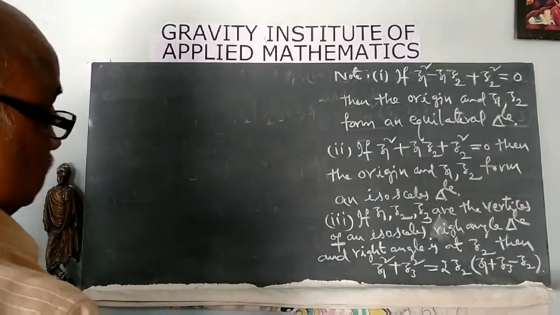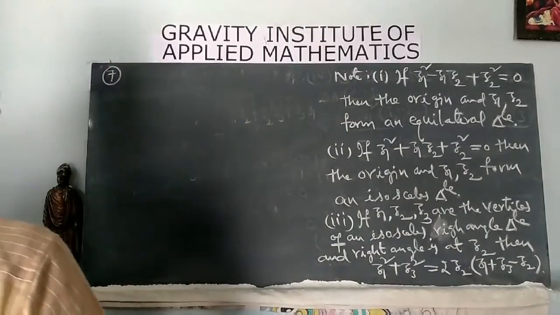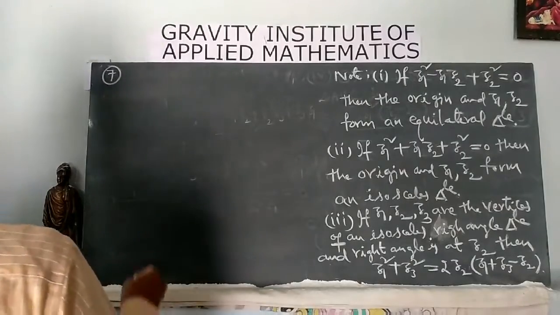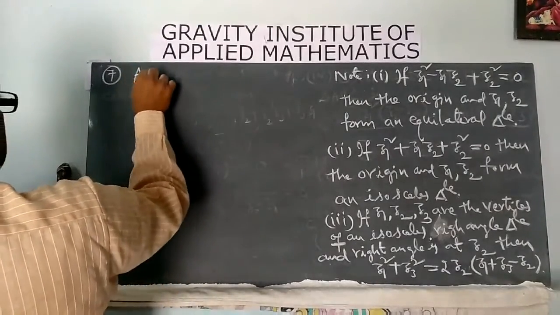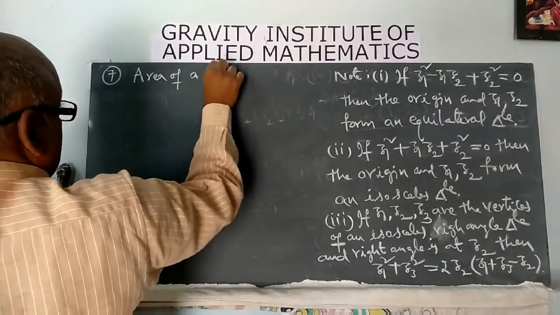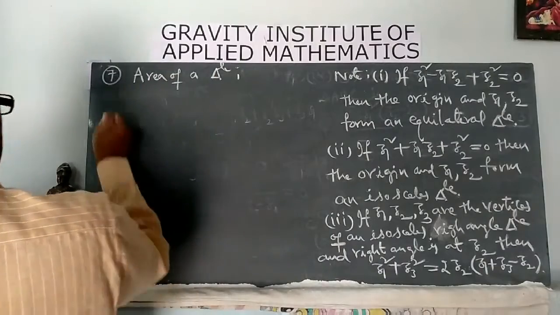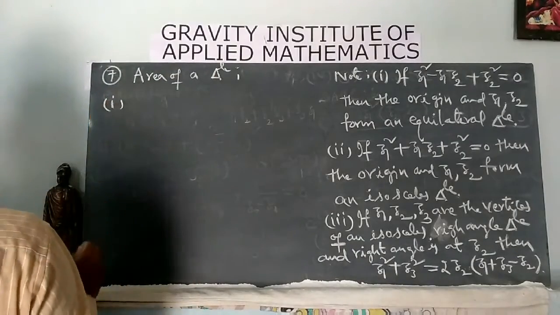Next, seventh result. Area of a triangle. The first subpoint.